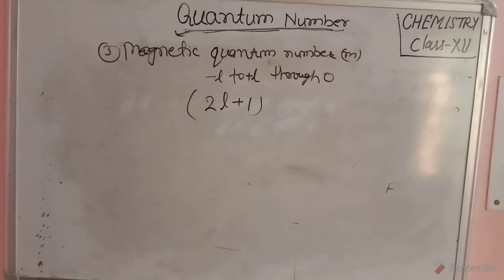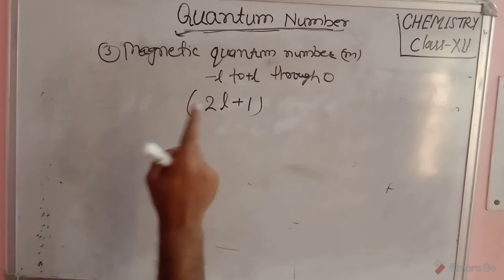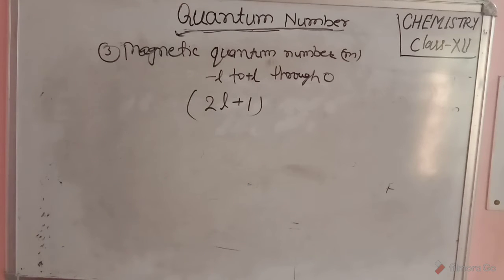So for a given L value, there are 2L plus 1 values.